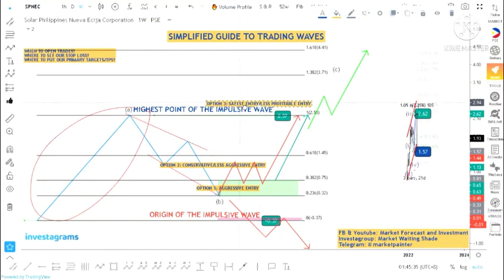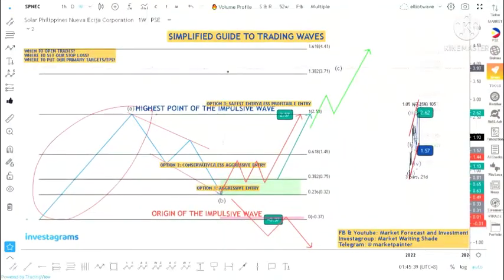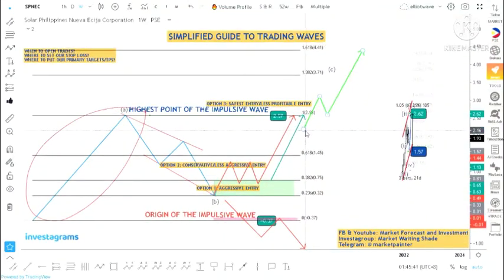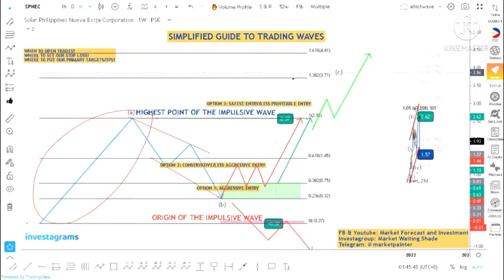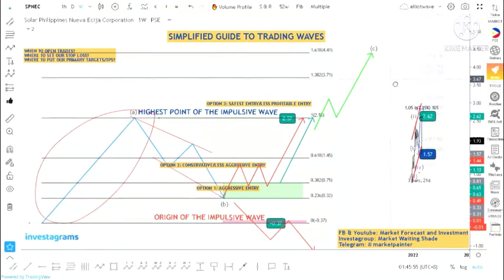We call this a breakout trade, since we only wait for the price to break the last highest point of the impulsive wave, and we anticipate that the price will be on its completion of the wave C.